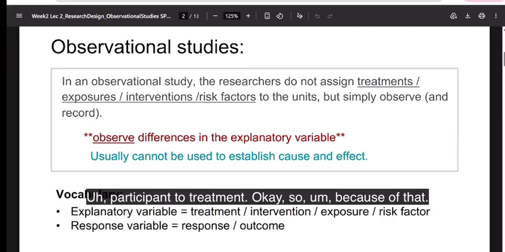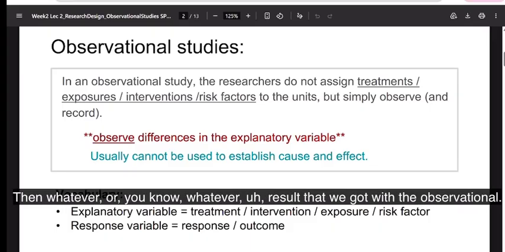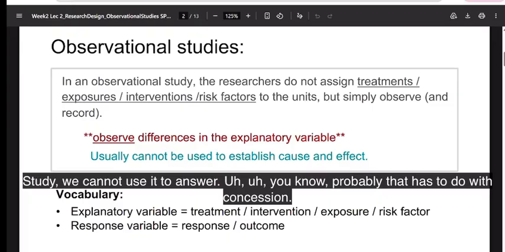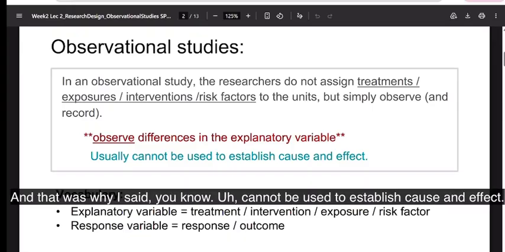Because of the fact that they're not able to do that, whatever result we get with the observational study, we cannot use it to answer a problem that has to do with causation. And that was why I said it cannot be used to establish cause and effect.